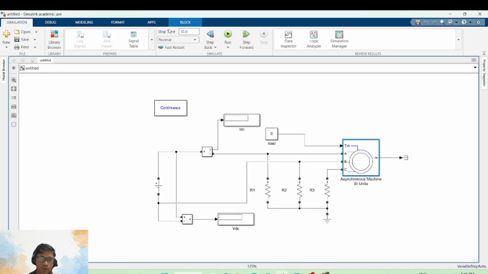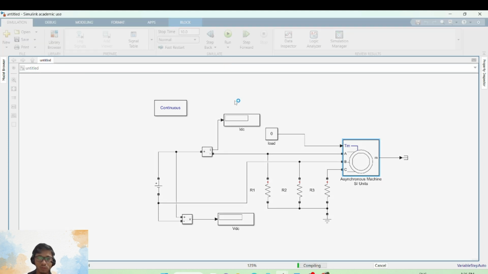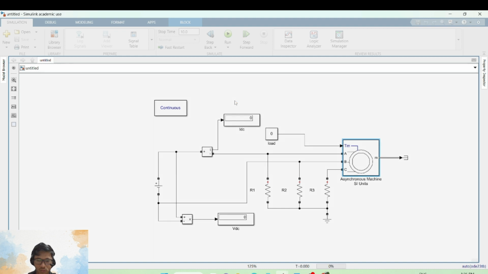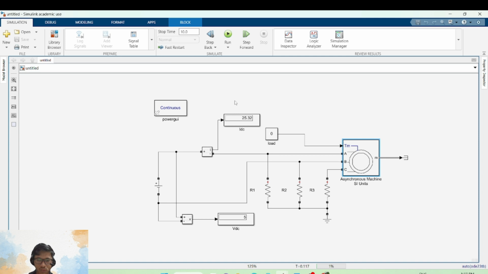So change the stop time to 10 seconds and run the circuit. So this is the simulation of the circuit.